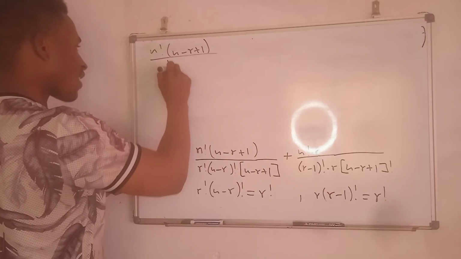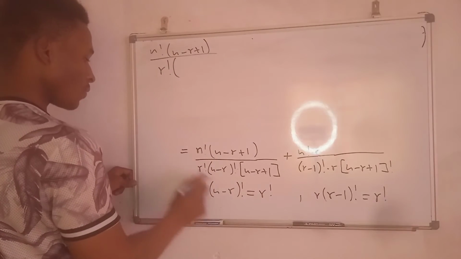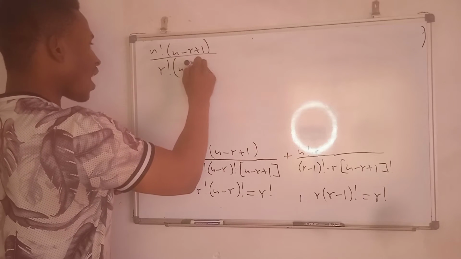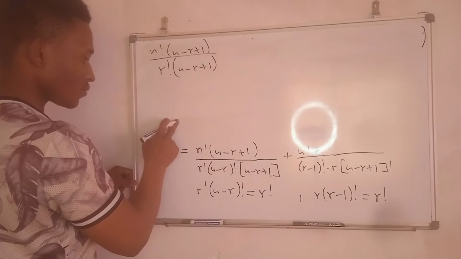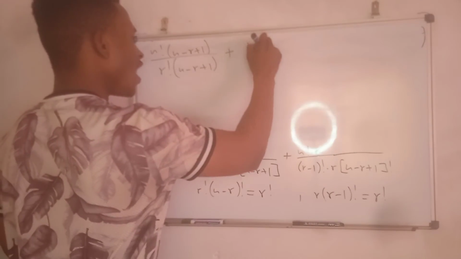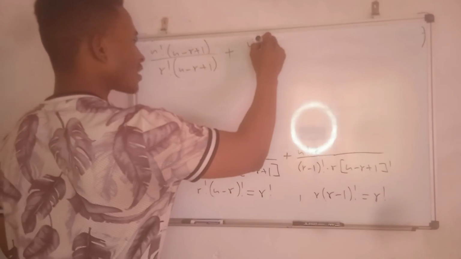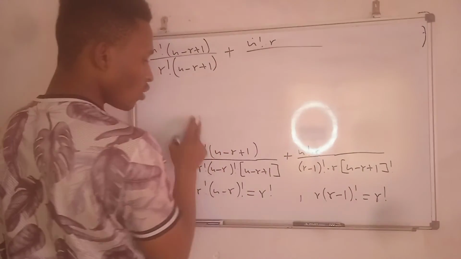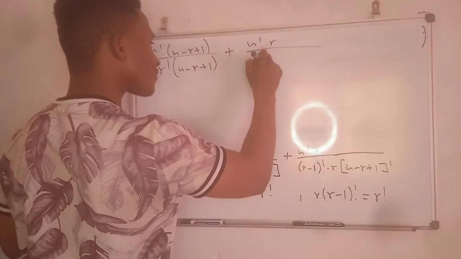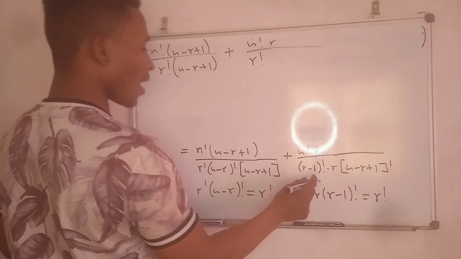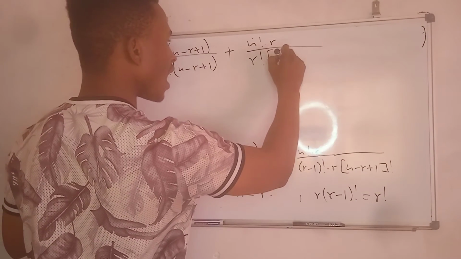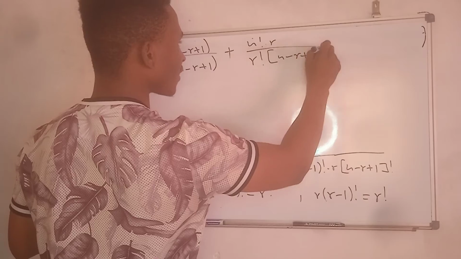It will be r factorial times n minus r plus 1, plus n factorial times r all over this part. I can just write it as r factorial. So I will be left with this part, which is n minus r plus 1.